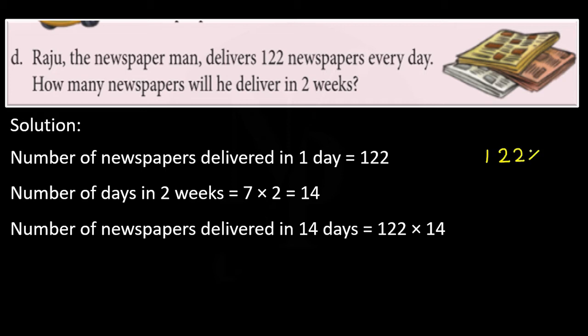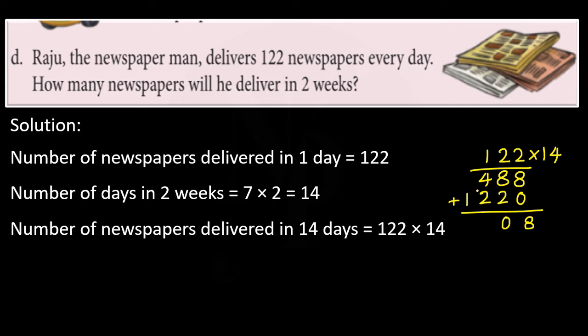122 into 14. Let's multiply by 4 first. 4 2s are 8. Again 4 2s are 8. 4 1s are 4. We put a 0 here and then multiply by 1. 1 2 is 2. 1 2 is 2. 1 1 is 1. So add these numbers. 8 plus 0 is 8. 8 plus 2 is 10.